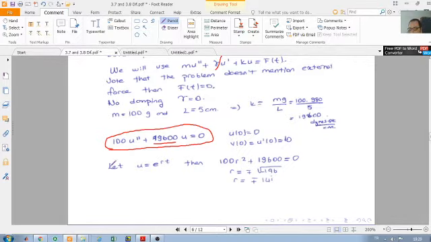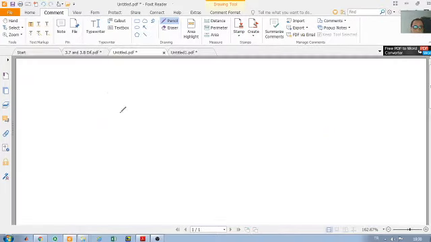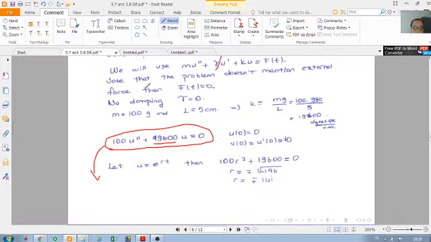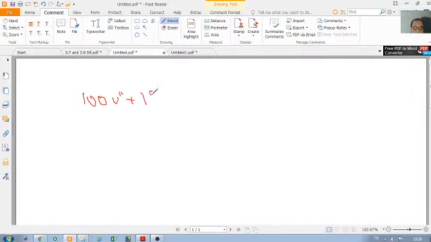Okay, so how can we solve the differential equation? This is a linear homogeneous second order differential equation with constant coefficients. Therefore, let's find the characteristic equation of this differential equation, namely 100 times the second derivative plus 19,600 u is equal to 0.